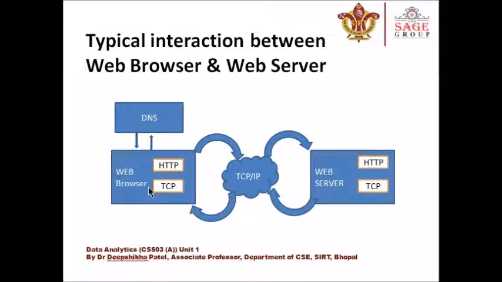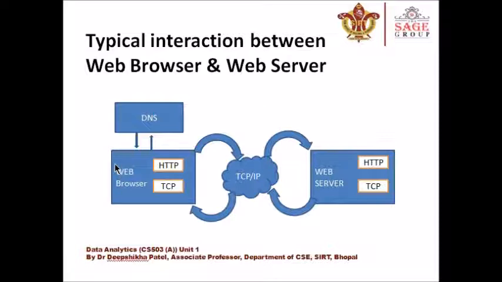First of all, the user on the machine will type the full file name or URL, including the domain name of the web server that hosts the web page he or she is interested in.